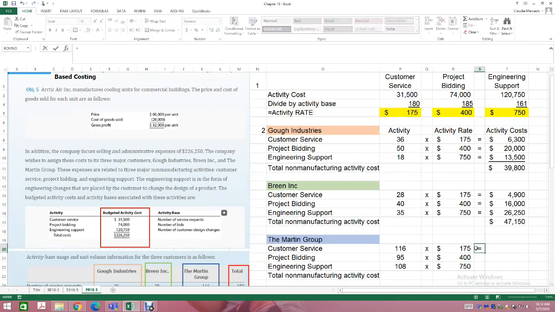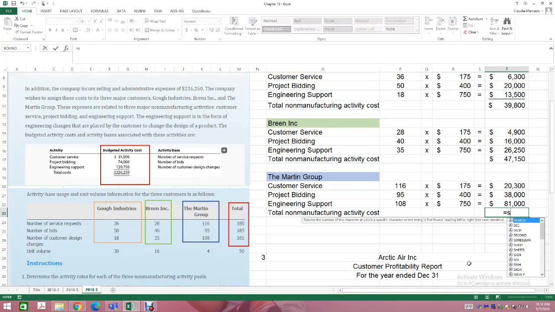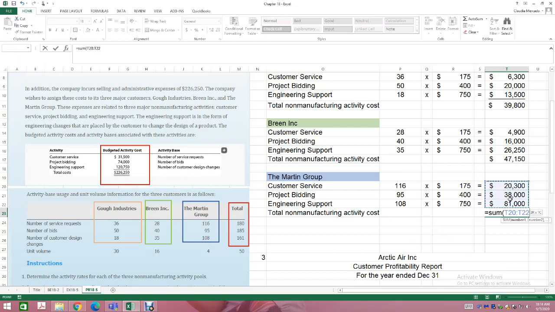Now we can multiply them, and let's see what we get. We're going to multiply the 95 times the 400, and the 108 times the 750, and then we can add those together so we can get the non-manufacturing activity costs that we're going to assign to the Martin group.